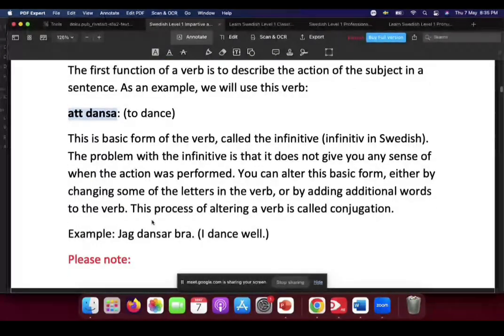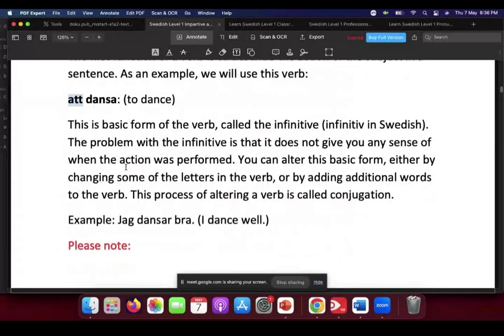So I would write Jag dansar bra. I dance well. So here I'm using just an R to make a present tense. So now I don't need to use at in a sentence. At is here just to inform us that it is an infinitive form, okay? Otherwise, it has no use in the sentence, okay?